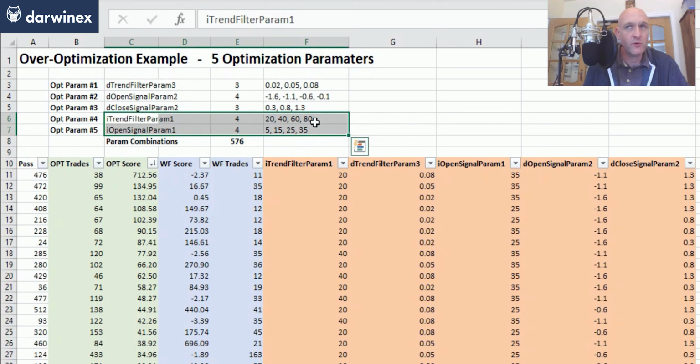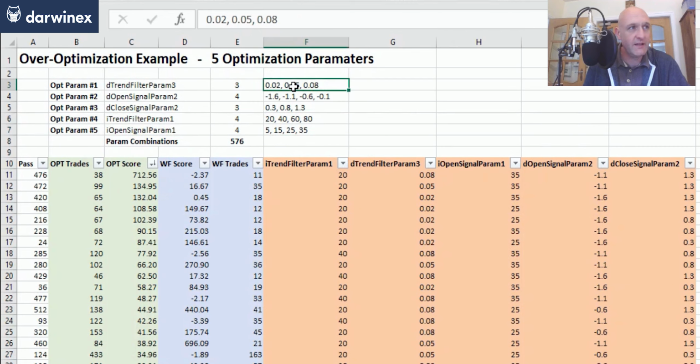So we've added 4 values for the number of periods for the filter and 4 values for the number of periods for the open signal. Now it's just worth stating that the range of values I've used for these is what I would consider to be a sensible range in order to exploit the initial premise that I always anticipated for this system.